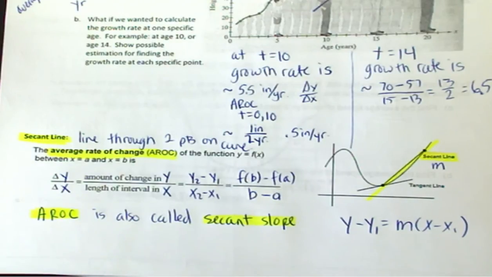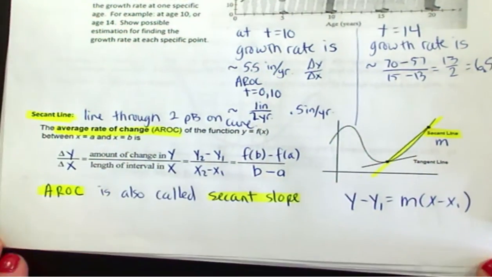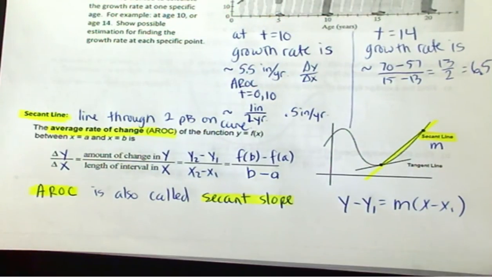Okay, so you're going to turn the page. There's a couple average rate of change examples. Go for it. Some of them are algebraic. One of them is graphical. Find the average rate of change means find the slope between those two endpoints.